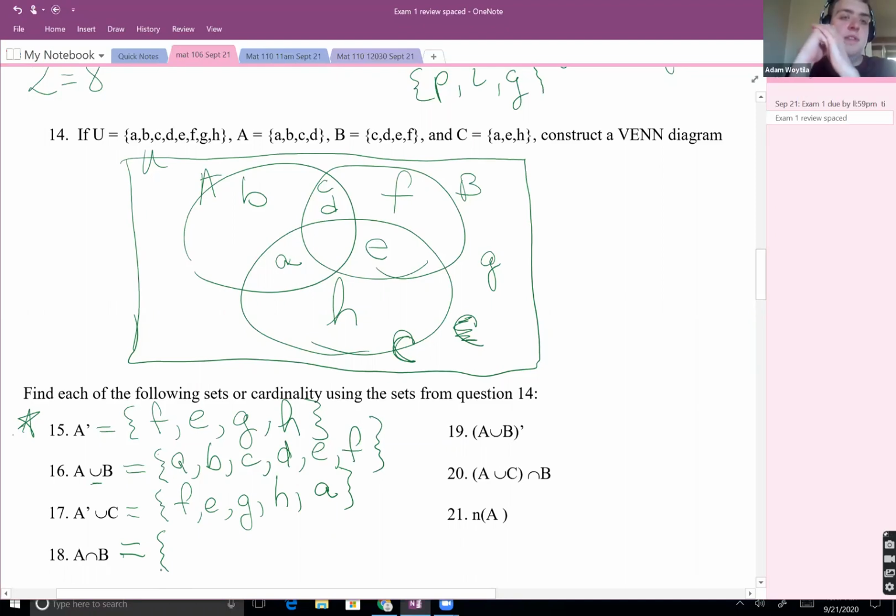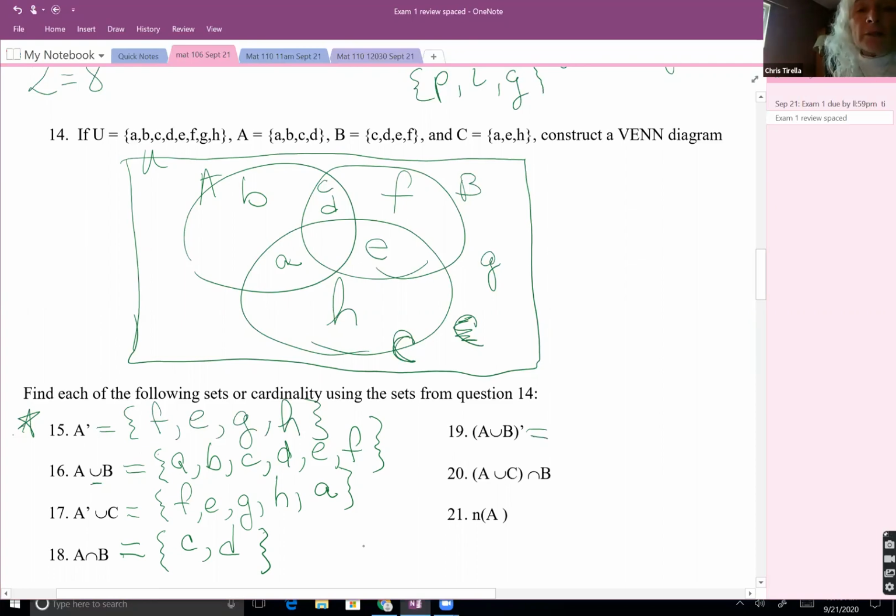A intersect B is just C and D. A intersect B, we just did. Oh, I'm sorry, A union B, which we had over here, A union B complement.